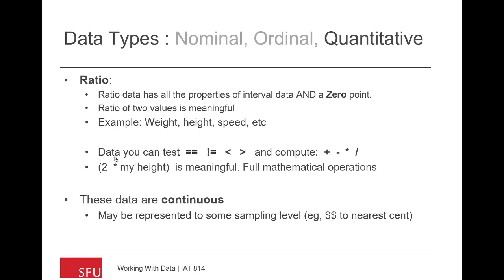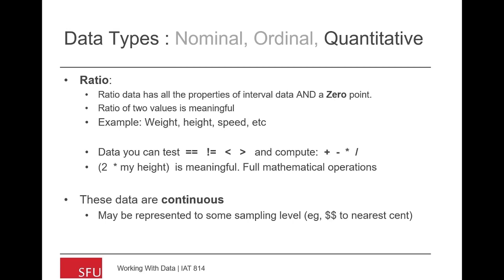So the operations you can do with ratio data is you can test for equality and inequality like before, less than or greater than, as with ordinal data. You can add and subtract, as with interval data. You can also multiply and divide in ratio data only. And so, for example, 2 times my height, whatever that is, 180 centimeters, is meaningful, and you have full mathematical operations.